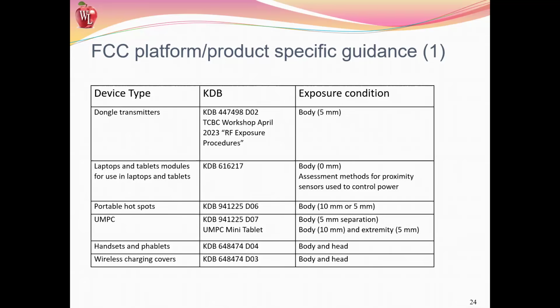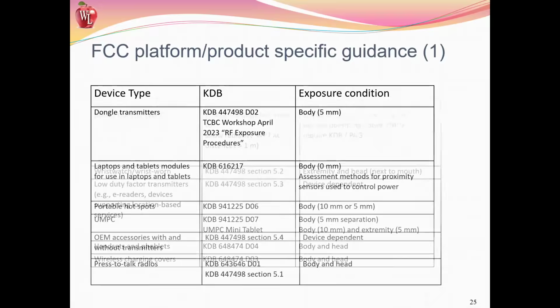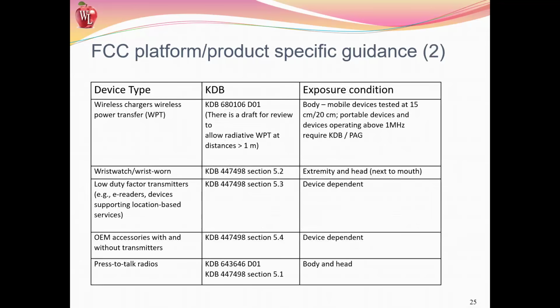Laptops and tablets, portable hotspots, UMPC, which is ultra mini PC, the very small mini tablets, handsets with phablets, wireless charging covers that go on your phone, wireless charging power transfer has a KDB, wristwatch. Wristwatches are fun, and different transmitters with low duty factor.